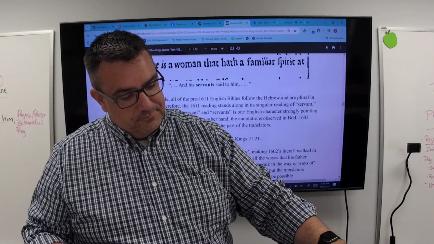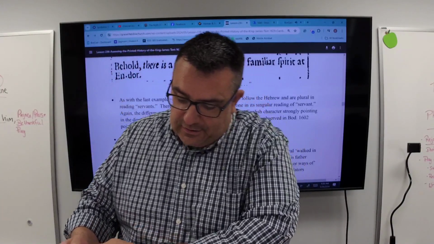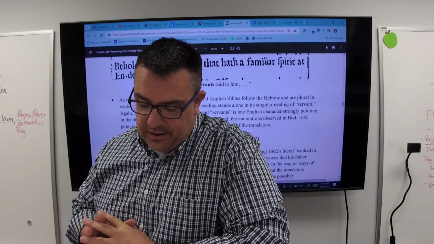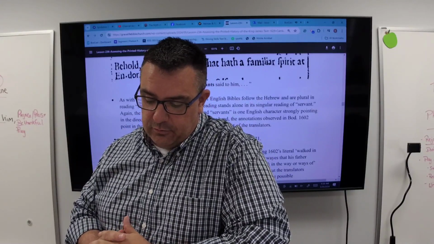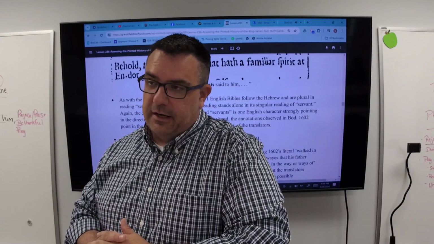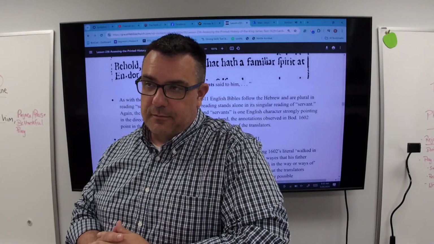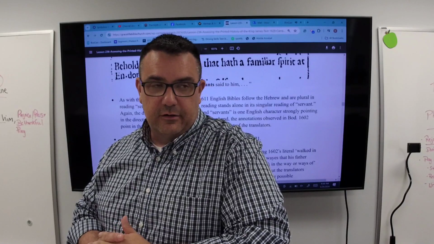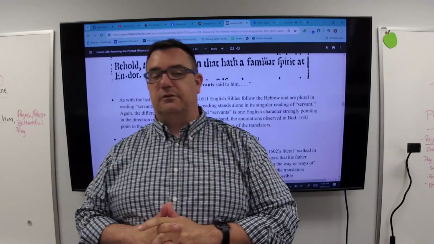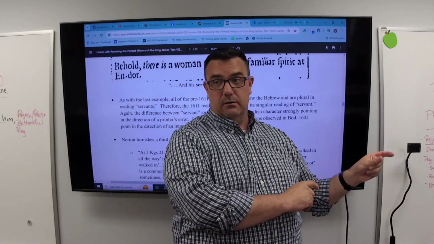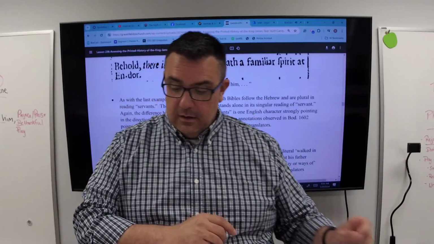Next point. As with the last example, all of the pre-1611 English Bibles follow the Hebrew and are plural in the reading servants. So I checked this out too. If you look up this in interlinear, it'll show you very clearly that the Hebrew word that's translated servants is plural, not what? Singular, okay?